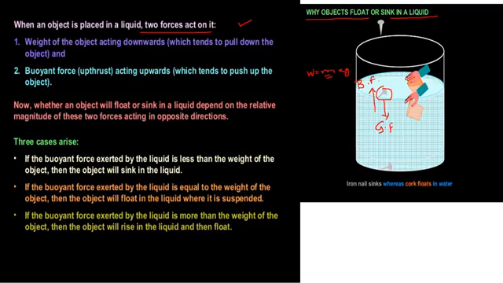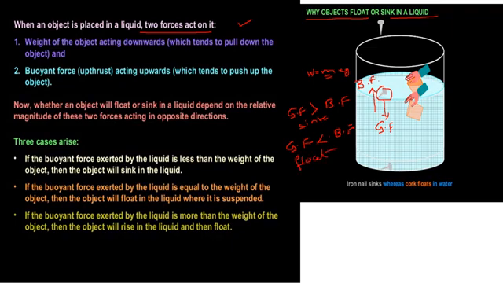So the net force applied by the buoyant force and the gravitational force will decide whether the object will float or whether the object will sink. So when the gravitational force is greater than buoyant force, right? So definitely the object will sink. And when the gravitational force is less than the buoyant force, the object will float.